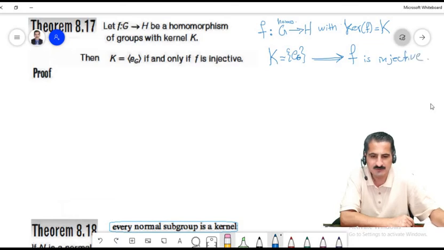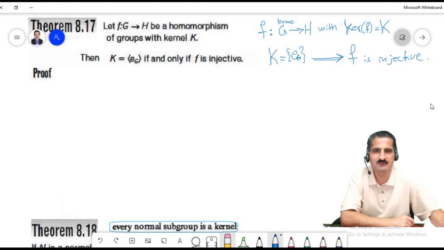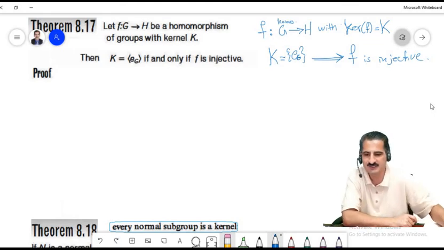So if I ask you to prove a homomorphism is injective, you may go and compute the kernel and prove the kernel consists of the identity only. Then that means the homomorphism is injective.